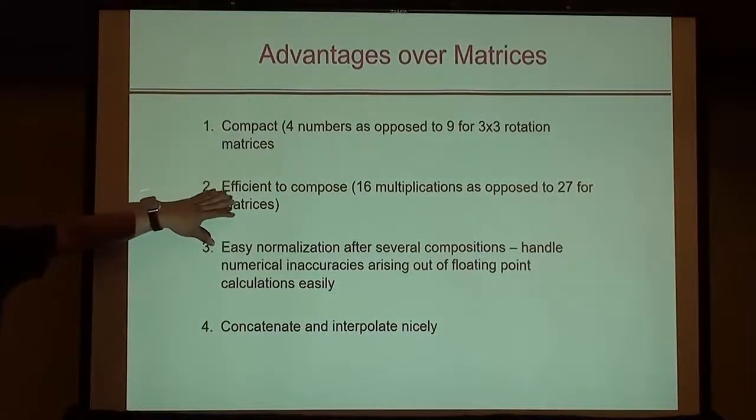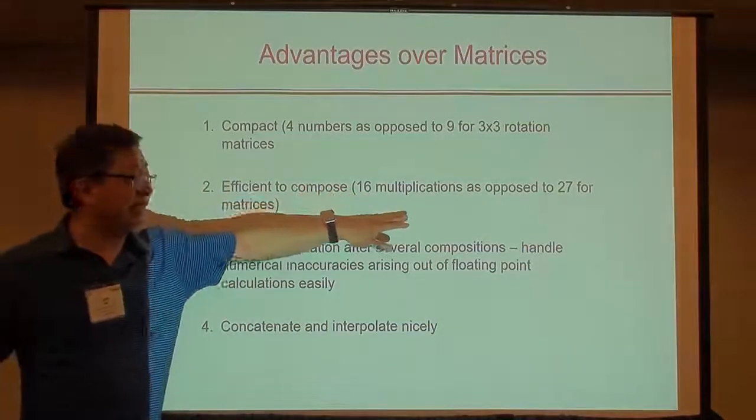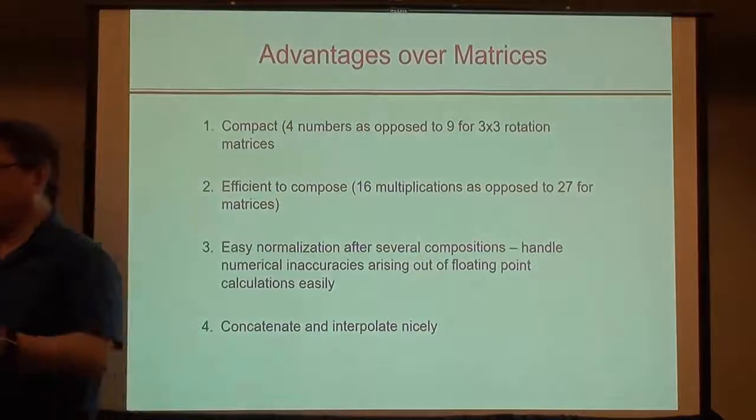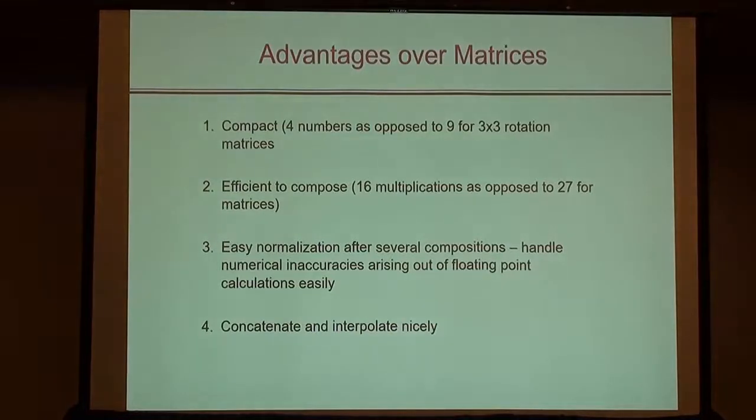Now you may say, well, here you have more multiplications than the matrix form. It would be a combination of multiplication and addition. If you know a little bit about how a CPU works, current CPUs are typically designed so that addition costs less than multiplication and division.